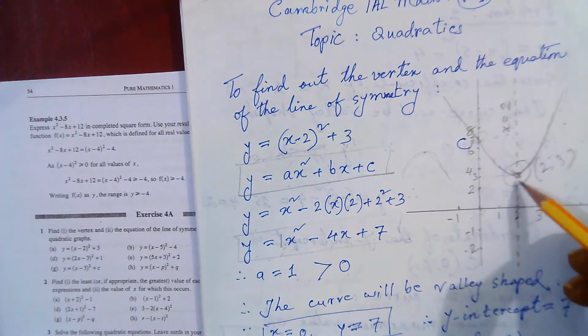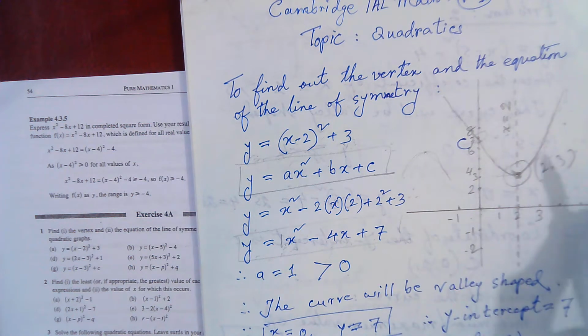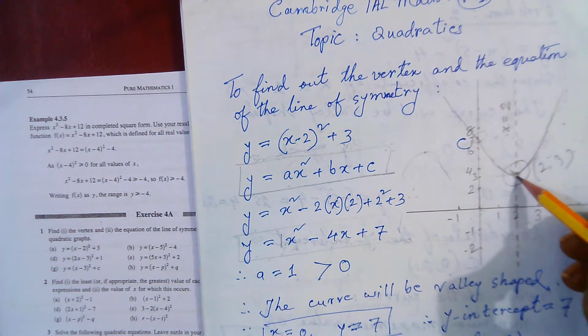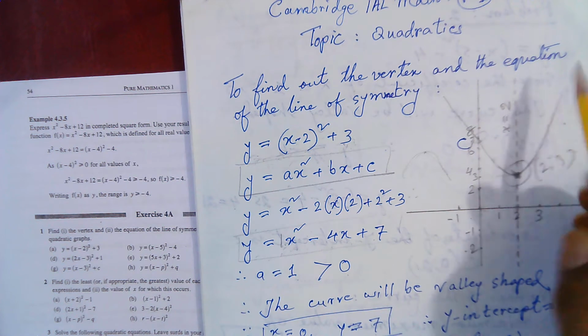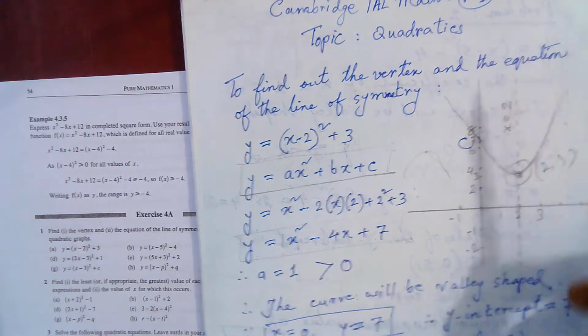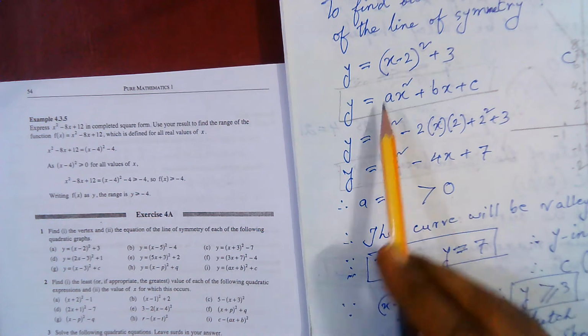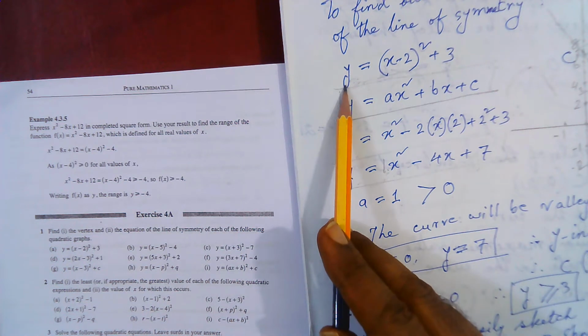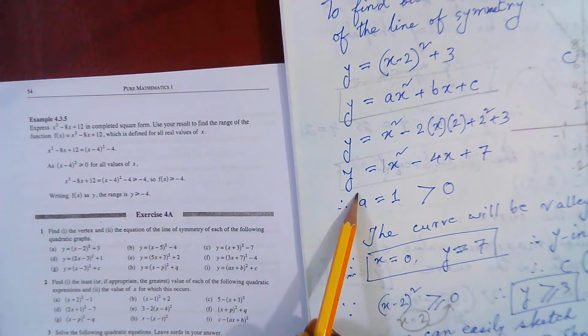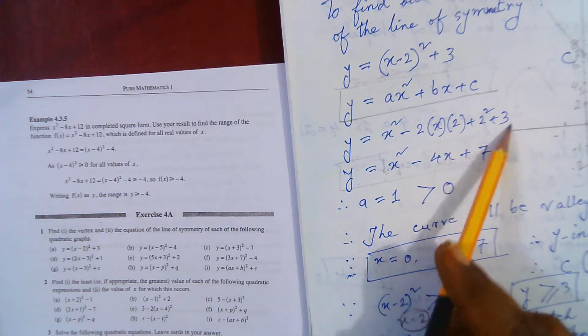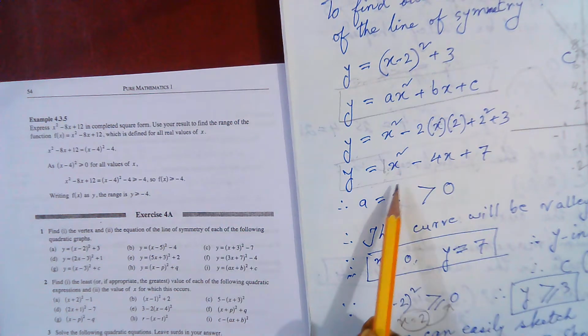The turning point is the vertex, and the vertical line through the vertex is called the line of symmetry. Here we have simplified y equals to this one, expanded.